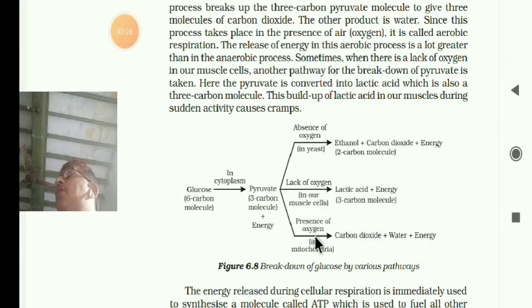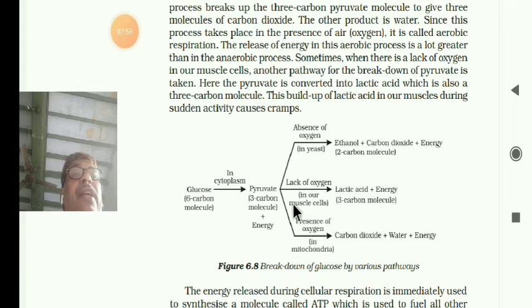Now the second step is this. You know that living beings do a lot of activities. So they need more oxygen. Oxygen gas goes through the lungs, then reaches the blood, then the blood goes to the cells.